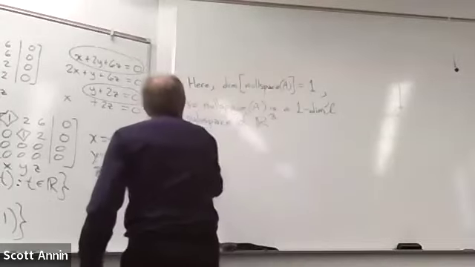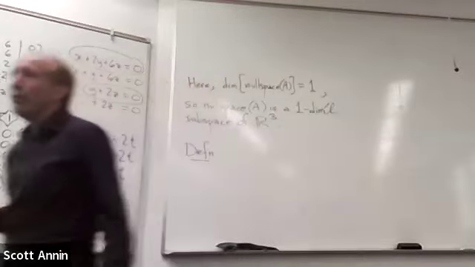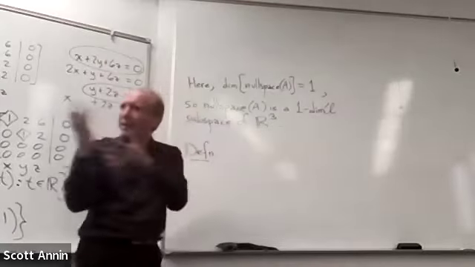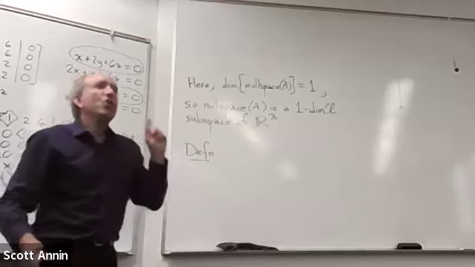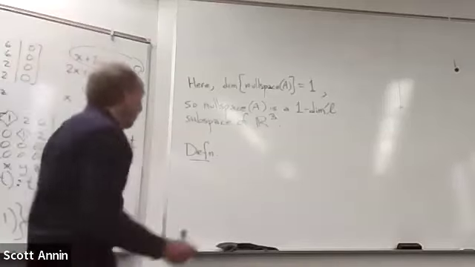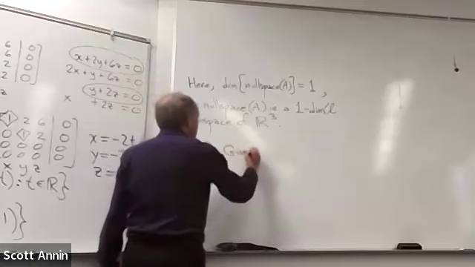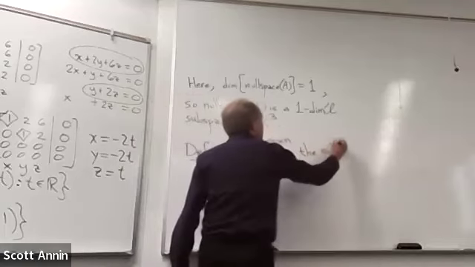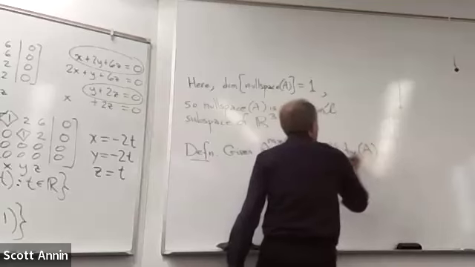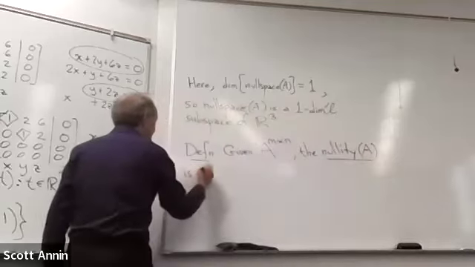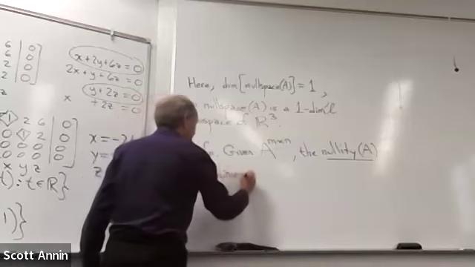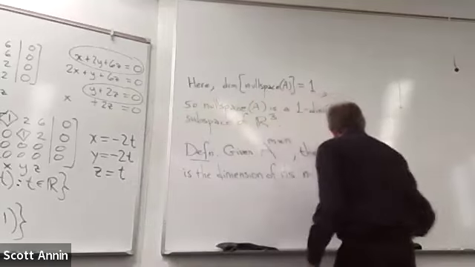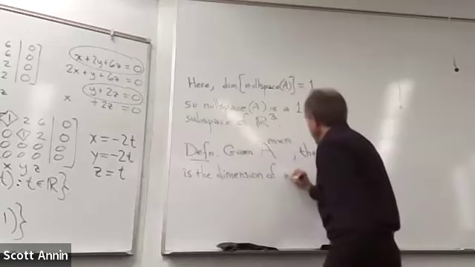Before I do that, I want to make a quick definition here, guys. By the way, in case you're wondering, we're kind of covering 4.8, 4.9 right now. They go together hand in hand. The nullity of a matrix. This is the thing I want to define. So given any matrix A, which is M by N, the nullity of A is the dimension of its null space.